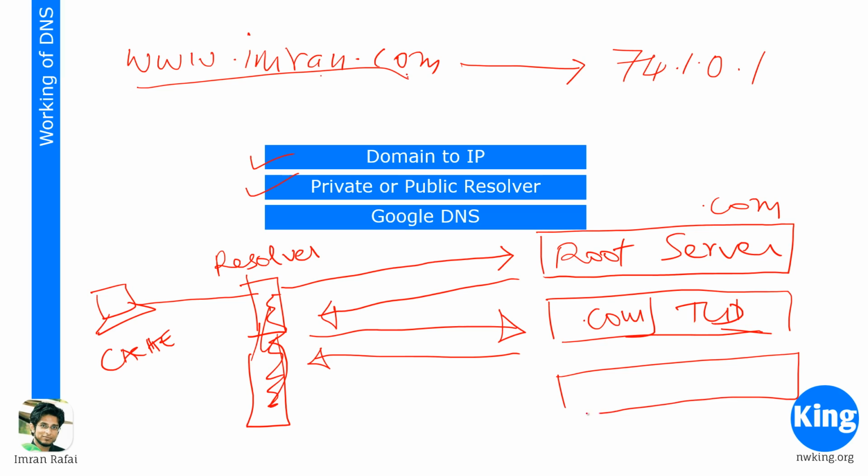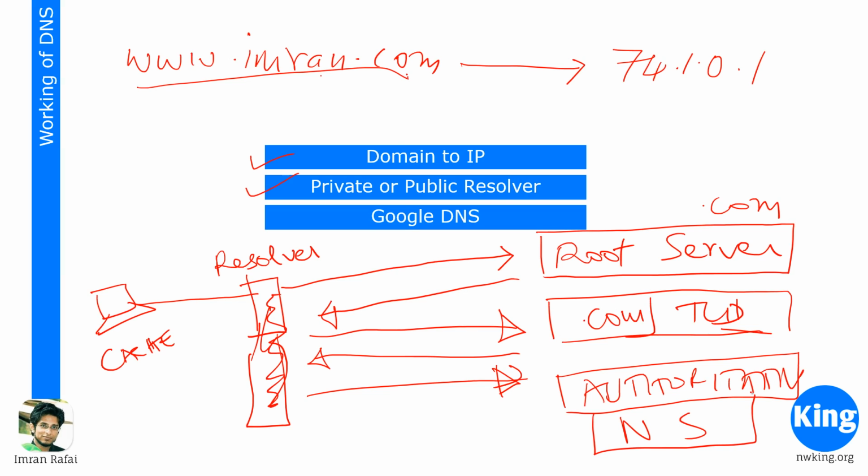Then the resolver sends that request to the authoritative name server, right? So this is the authoritative name server, and this authoritative name server says, okay, imran.com is available at 74.1.0.1.